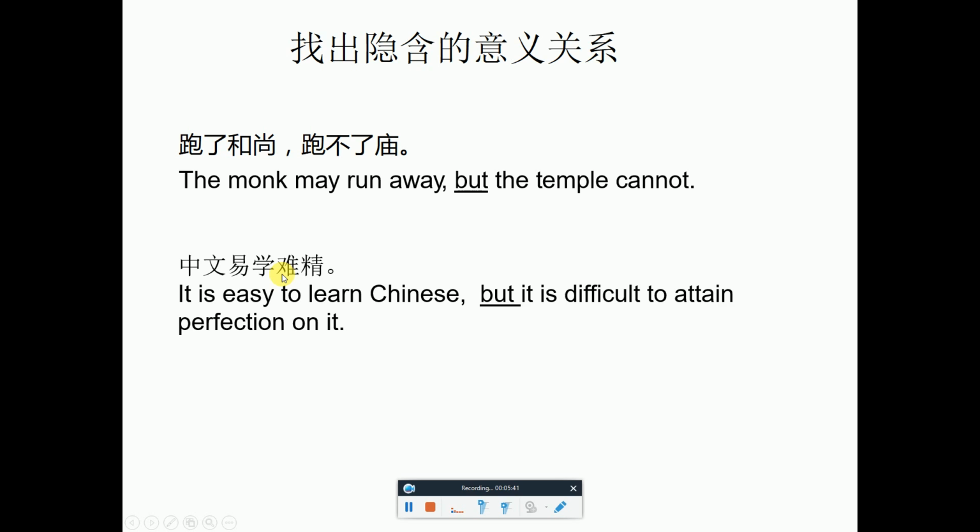Nan and yi are opposite in meaning. So we use the conjunction but again to show the opposite relationship. It is easy to learn Chinese, but it's difficult to attain perfection in it.